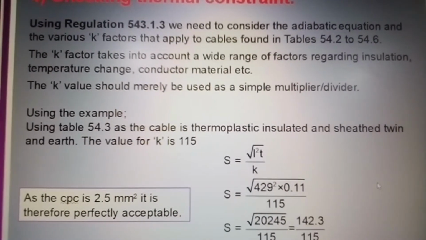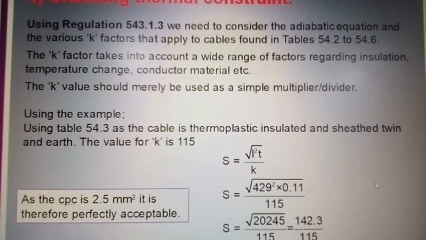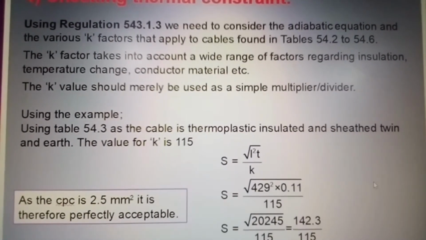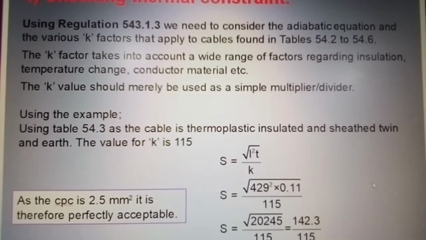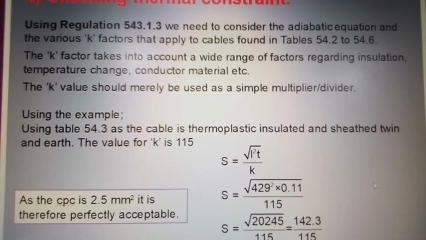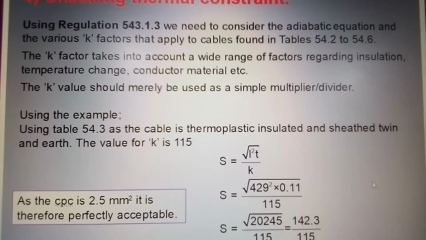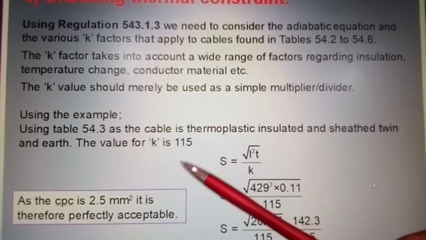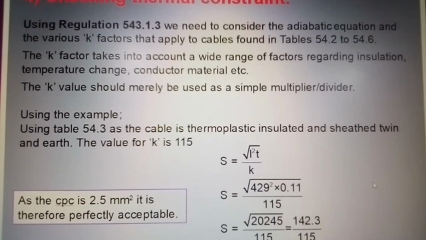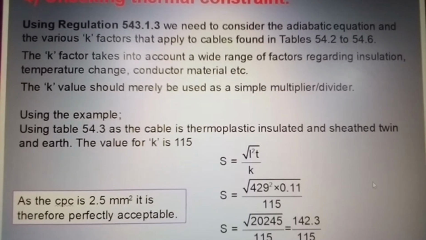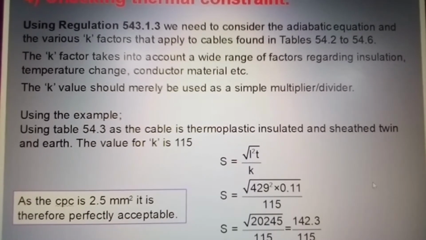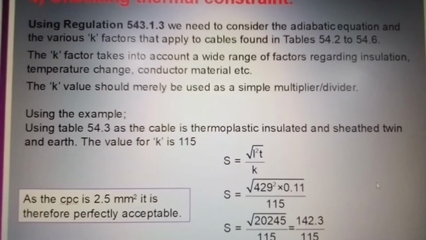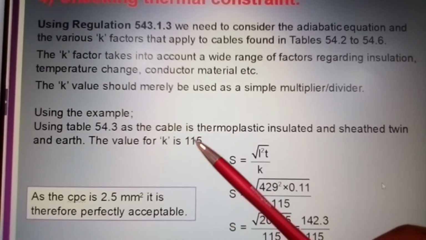Using the example, using table 54.3, as the cable is thermoplastic insulated and sheathed twin and earth, the value for K is 115. Now if you look in your tables, you may find that this 115 may change. It may have gone up or it may have gone down, because the measurement is taken as a given value at a given point in time, and other materials come into play which create a better effect in some cases. So be aware that this K value may change.